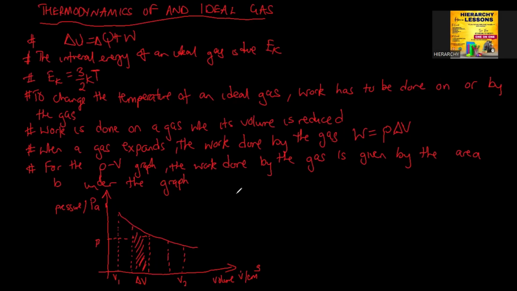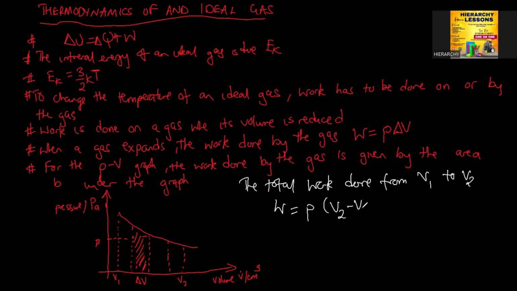So the total work done from V1 to V2 is equal to the pressure times V2 minus V1.